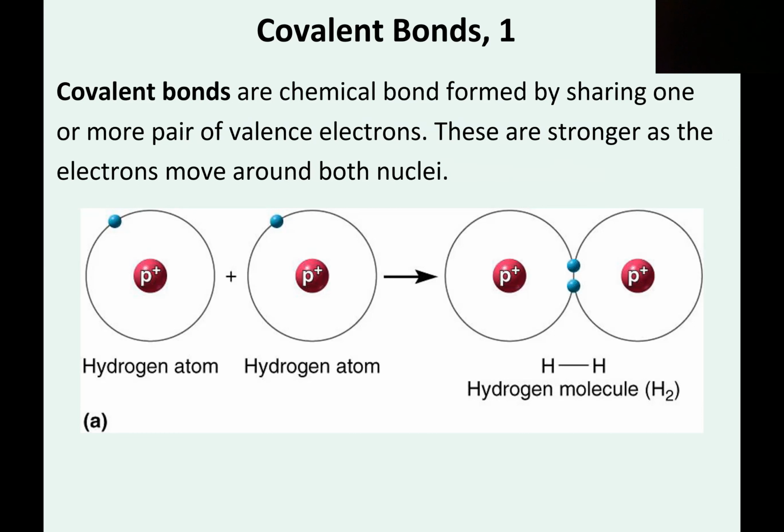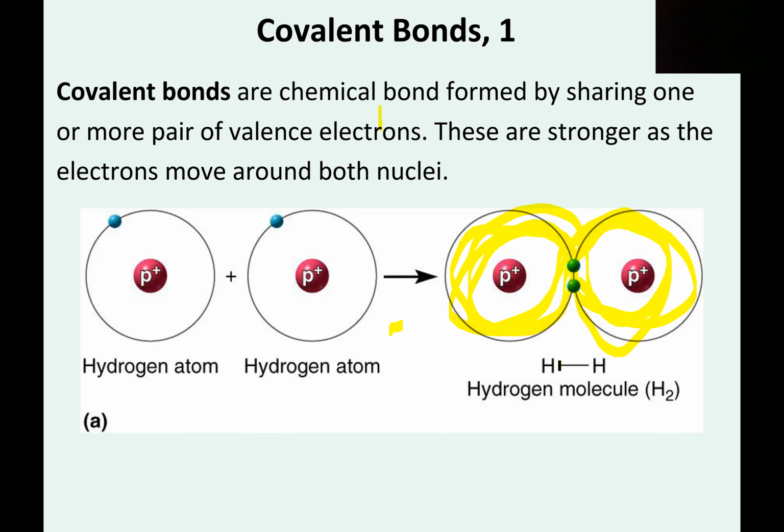They're stronger than ionic bonds because with this type of bond, what we see is the electrons moving around both nuclei. Yes, the valence shells have to touch.